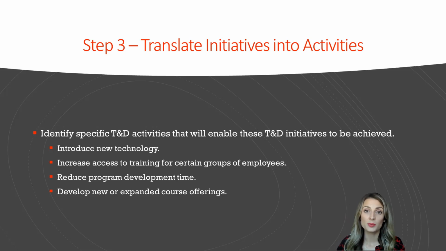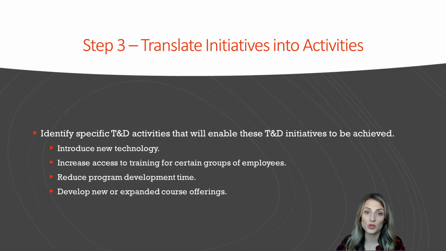A company might implement some kind of new technology to deliver instruction or to increase the efficiency of the training and development process. It may identify a specific group of employees and create customized training for them.